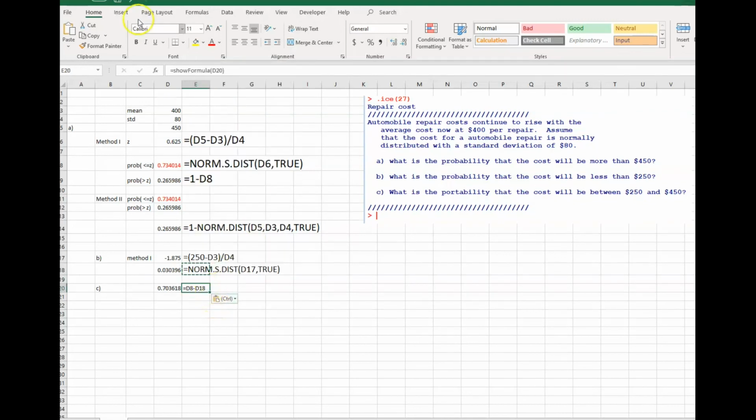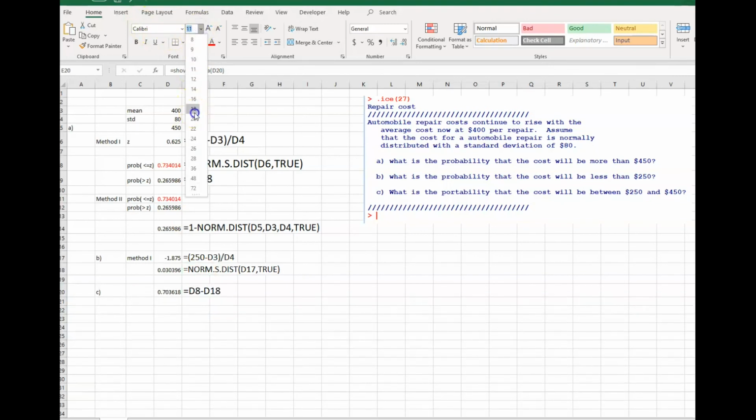Our result is the probability less than or equal to 450 minus the probability less than or equal to 250. Then the difference will be the probability between.